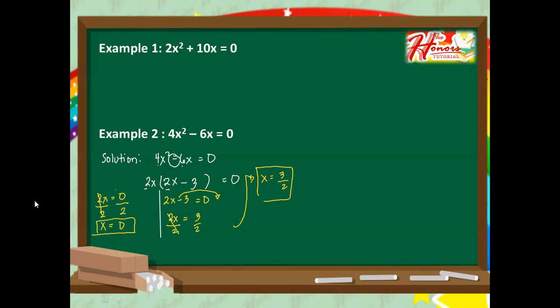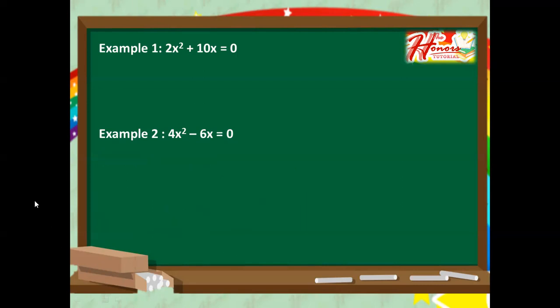Let us have another example. For number 3, we have here 9x squared minus 6x equals 10x minus 3x squared. What are we going to do with this one? I want you to combine like terms first.